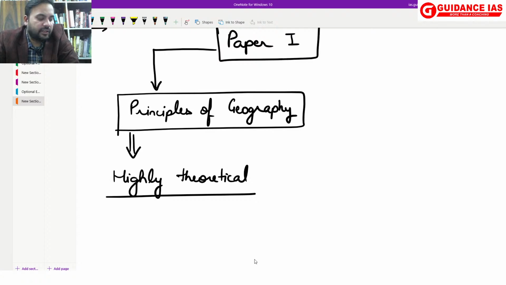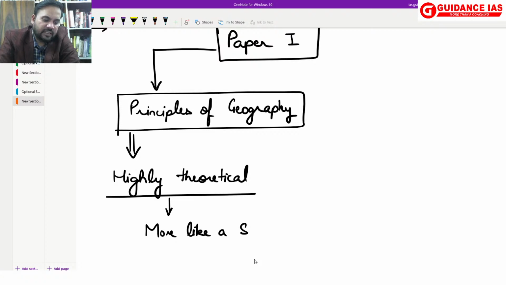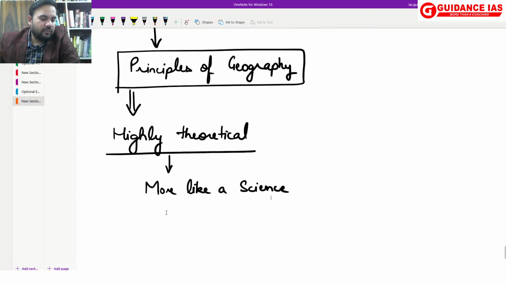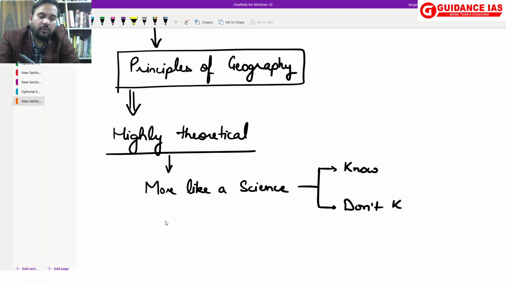It is highly theoretical, and when it comes to the theoretical aspects, what happens? It is more like a science. And what is a very important aspect of science? There are two aspects. One is either you know it or you don't know.